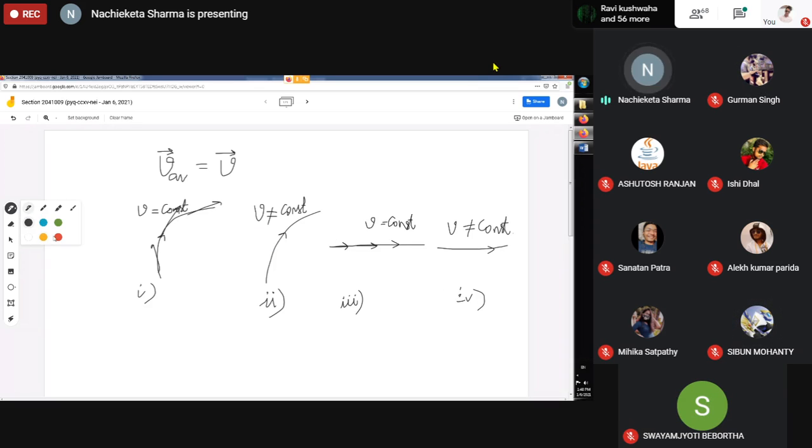Because both the magnitude and direction must be constant, which is exhibited in this example. So this is the answer. This is test your understanding TYU 3.1.